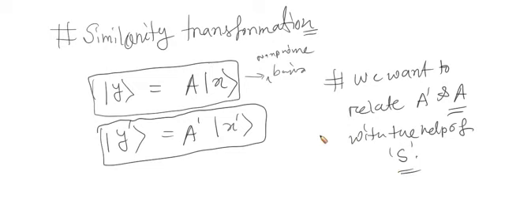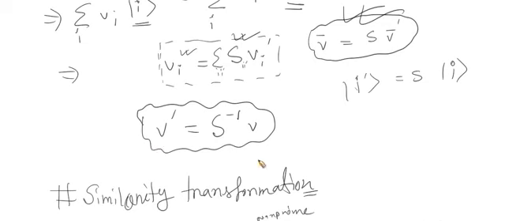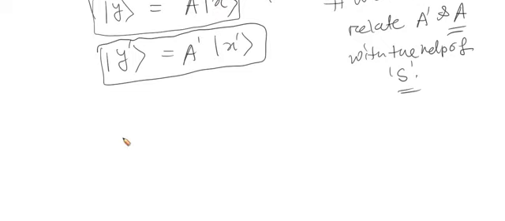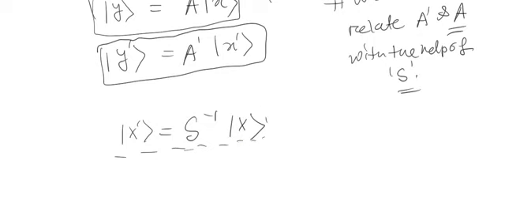Okay, so what I'm going to do now is say that these components over here, because you can obviously decompose these x's into the components, and these x primes will be related to x via S inverse x, right? Think of this in terms of components.